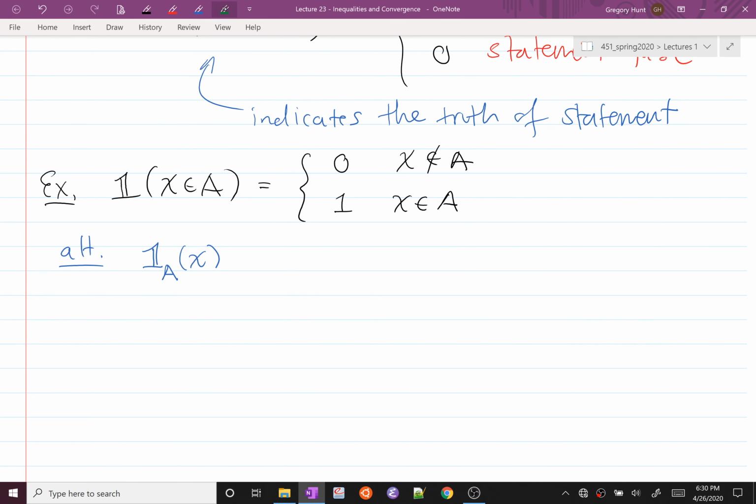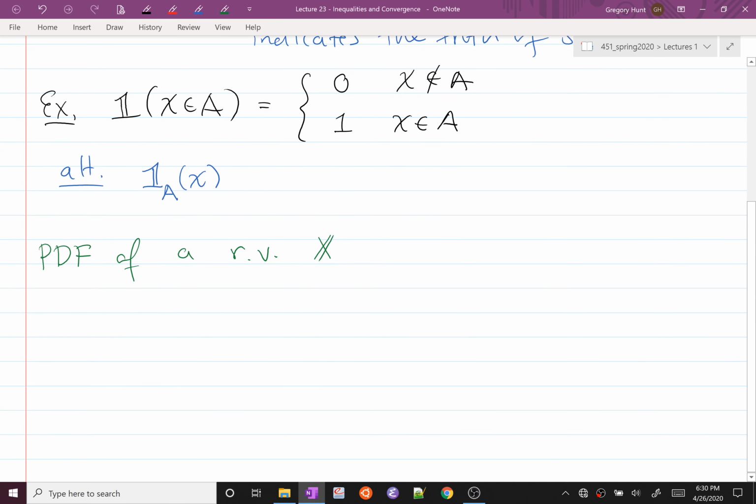The reason being, if we look at, let's say, the PDF of a random variable x, let's say in this example x has an exponential distribution with some parameter lambda.